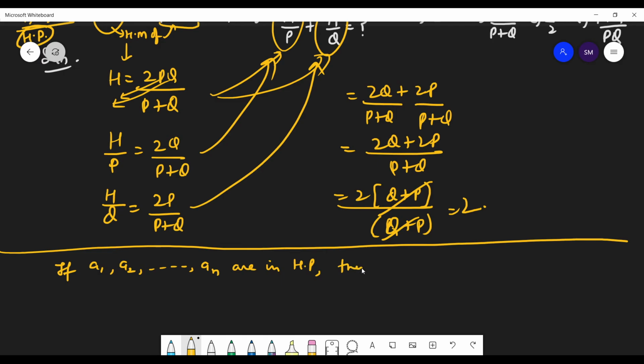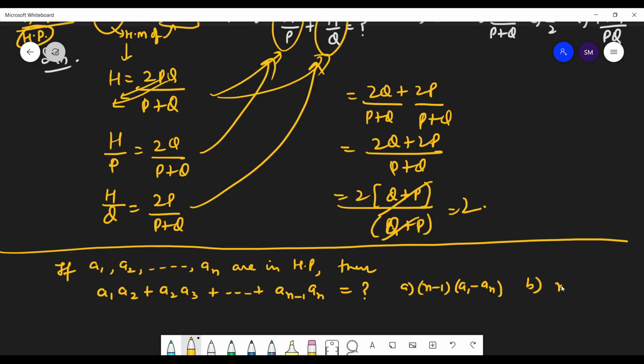If A1, A2 up to so on, then this expression equals to what? This is the value you have to find. I'm giving you options. Option A, n minus 1 into A1 minus AN.